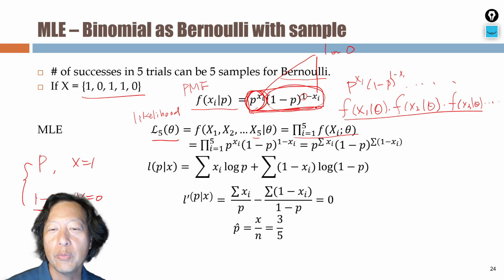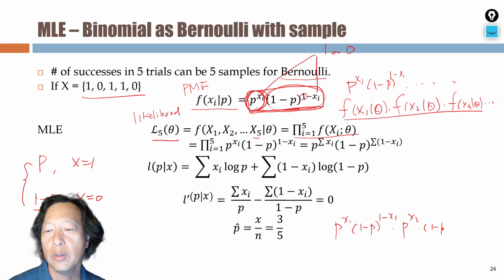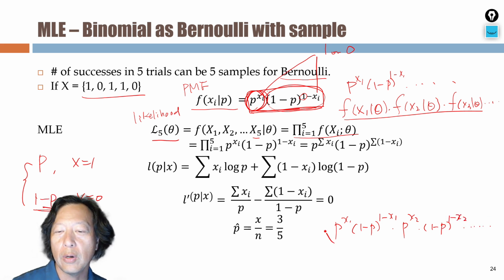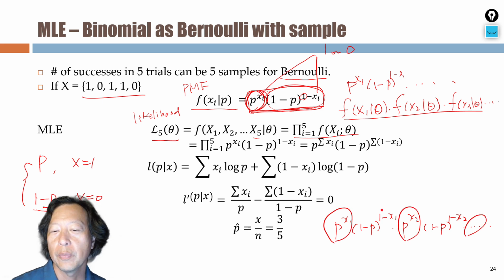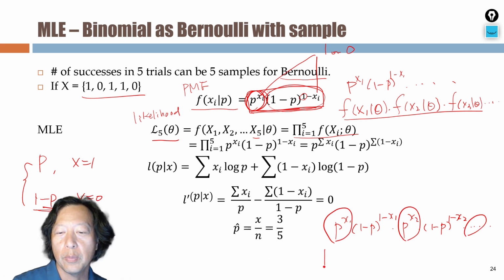Anyway, you are multiplying these things again and again. So p^x1 times (1 minus p)^(1 minus x1) times p^x2 times (1 minus p)^(1 minus x2) and so on. If you collect the p's, it's just p^x1 times p^x2 times p^x3, which is the same as p to the x1 plus x2 plus x3 and so on.